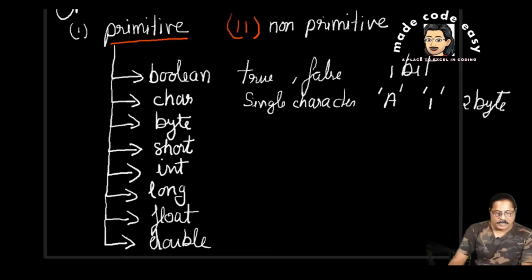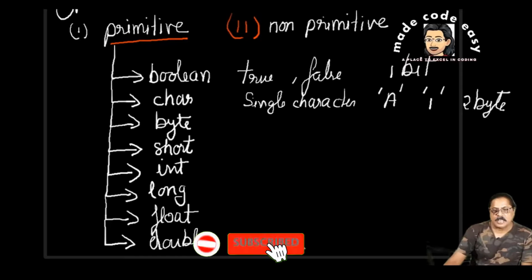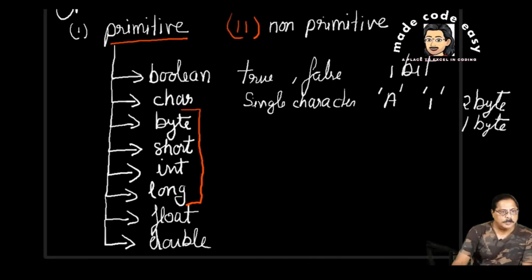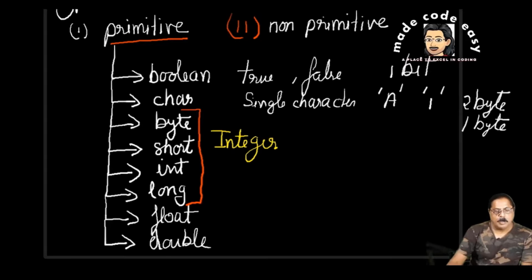And we have a byte data type. This takes 1 byte of memory. Long is used to represent integer type of data, only integer type of data, that is whole numbers.